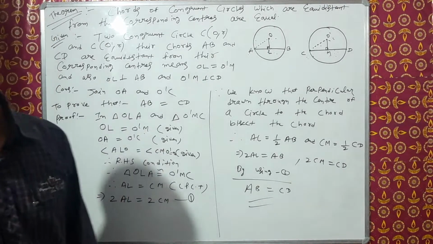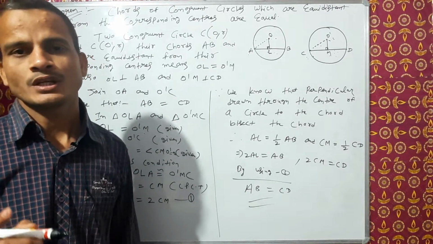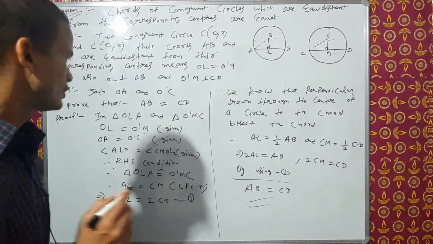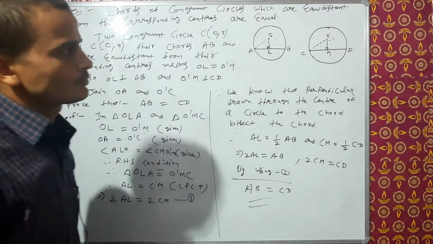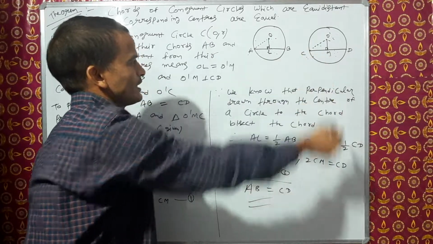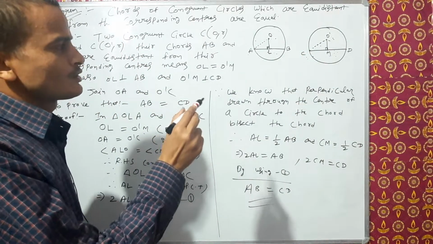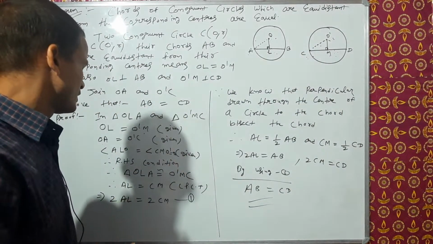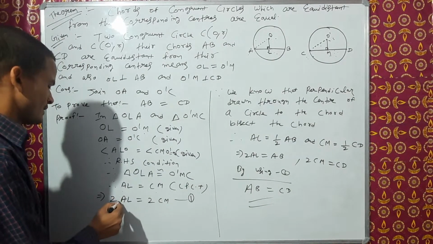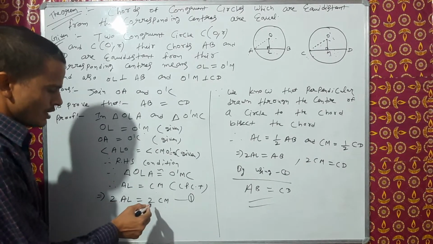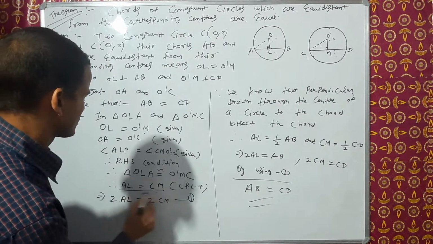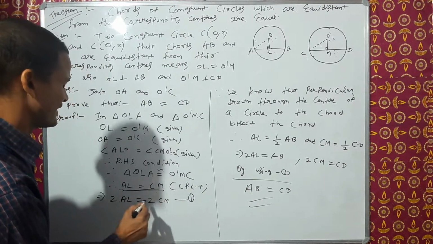We know that when two triangles are congruent to each other, their corresponding angles and corresponding sides are equal. AL is a part of triangle ALO, and CM is a part of triangle CMO dash. So AL is equal to CM by CPCT. When AL is equal to CM, multiplying both the LHS and RHS by 2 has no effect on the statement, so 2AL is equal to 2CM.